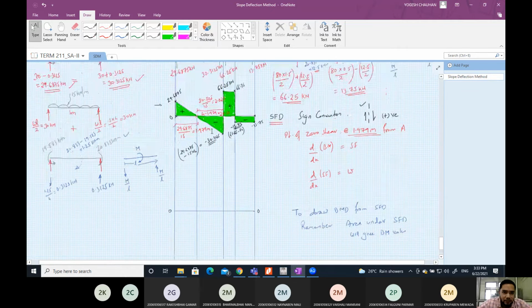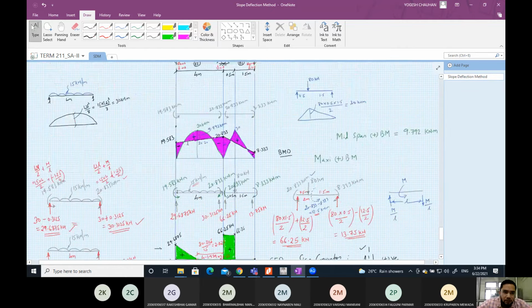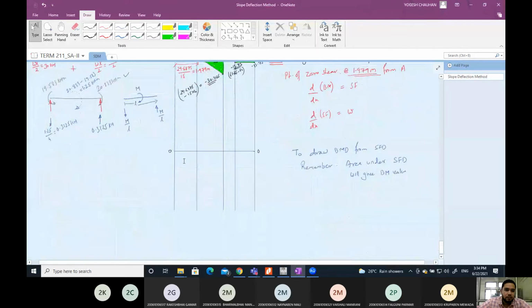Whereas in the earlier case, this used to be your reference axis, so anything below that was negative. So here it is minus 19.583. Okay, it is negative, so it is drawn in the downward direction.